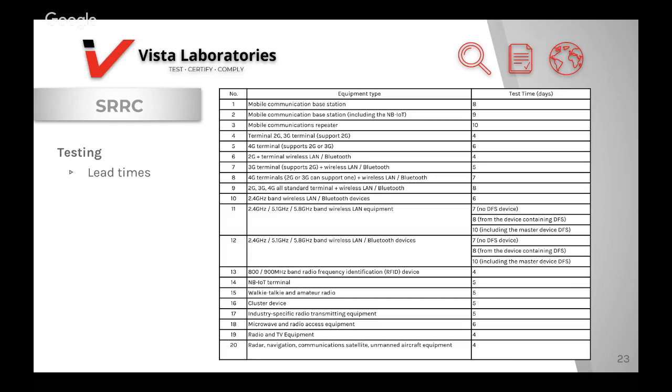This is provided by SRRC, and the test time varies up to 10 days. Longer ones, such as the wireless LAN equipment, can be up to 10 days depending on the configuration. And even though the testing might be done during this time, the approval may not be issued until 30 days.